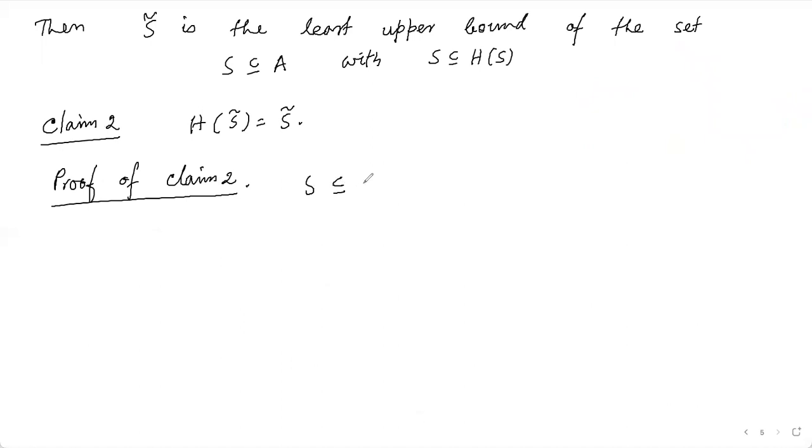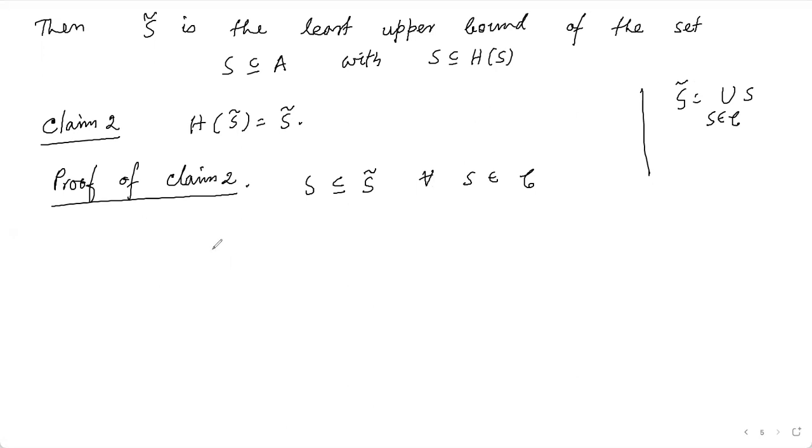S is a subset of S tilde for all S belonging to script C. Basically, S tilde is the least upper bound, defined by the union of all elements. So let me recall here: S tilde equals the union of all S belonging to script C. Therefore, S is a subset of S tilde for all S belonging to script C.